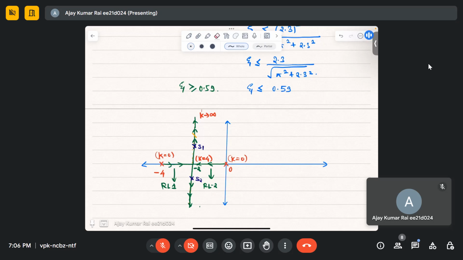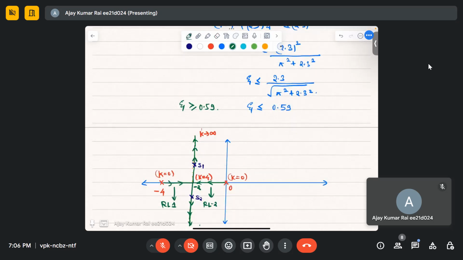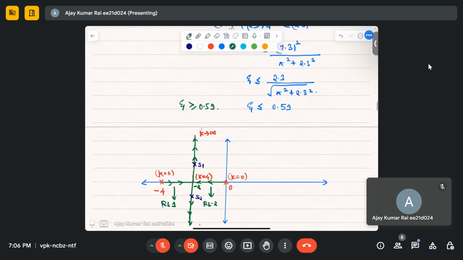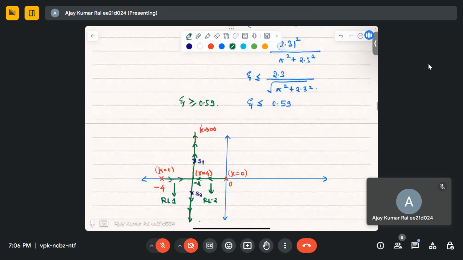So how can we relate this? Did you study this? Let's suppose S1 and S2. For a particular value of S1 and S2, you're getting zeta to be 0.59. So what does it mean? It will make some angle, right?